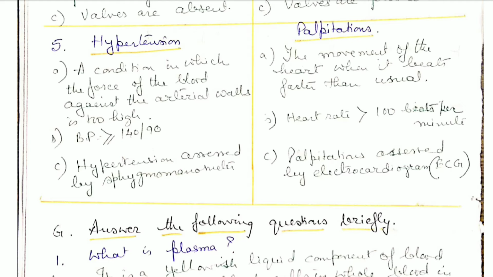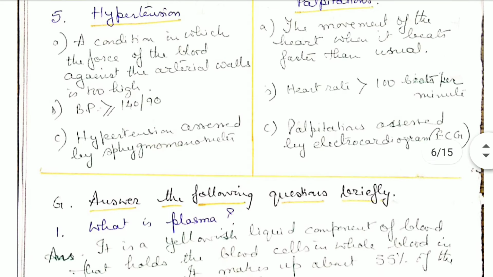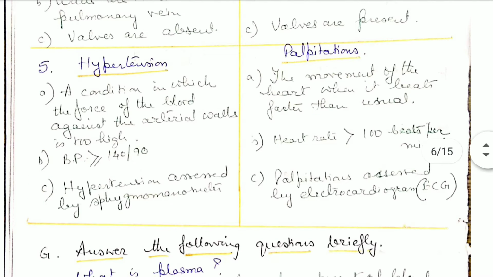And in palpitation, if the heart rate is greater than 100 beats per minute, then it is palpitation. Hypertension is assessed by sphygmomanometer, whereas palpitation is assessed by electrocardiogram or ECG.